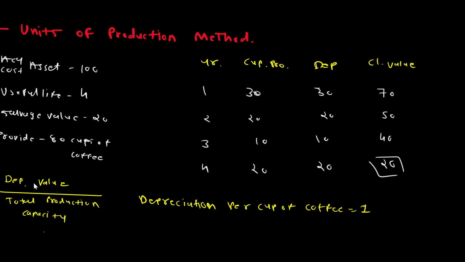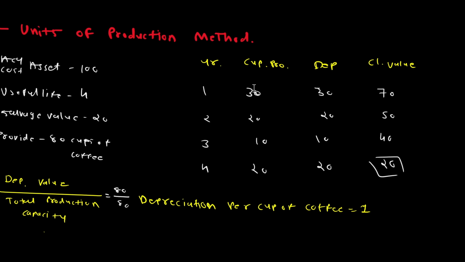So my depreciation value divided by production capacity. My depreciable value is 80, and my total production capacity is also 80. So my depreciation per cup of coffee will be 1.